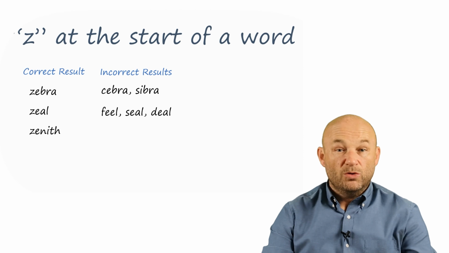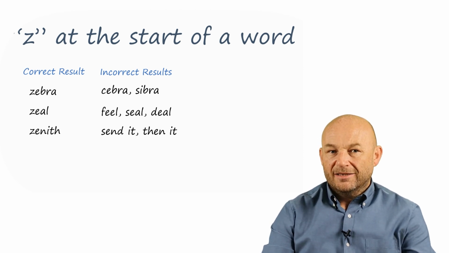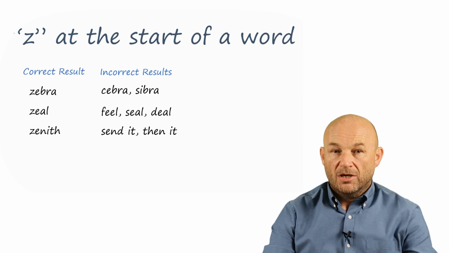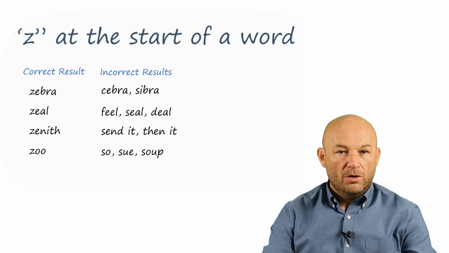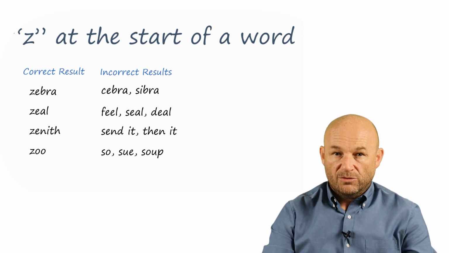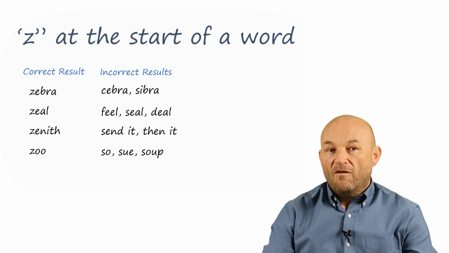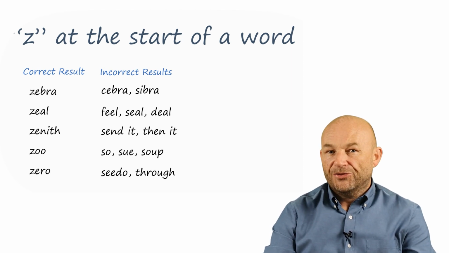Zenith may have given you send it or then it. This is because you're using your Spanish pronunciation. Zoo may have given you so, su, or soup. That's what my students got. For zero, they got sido and through.